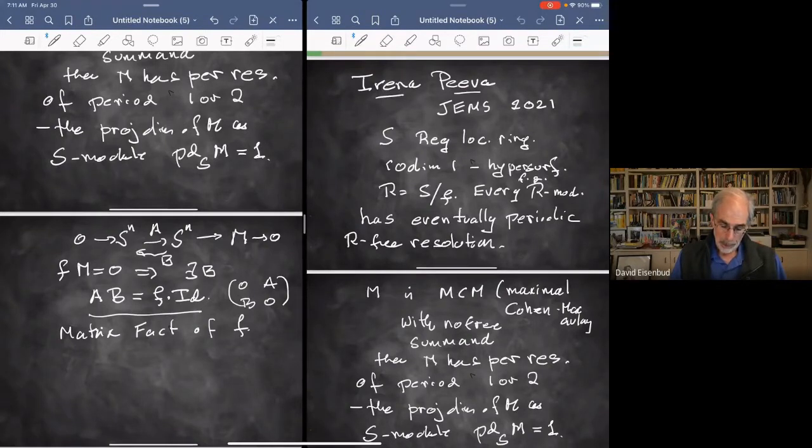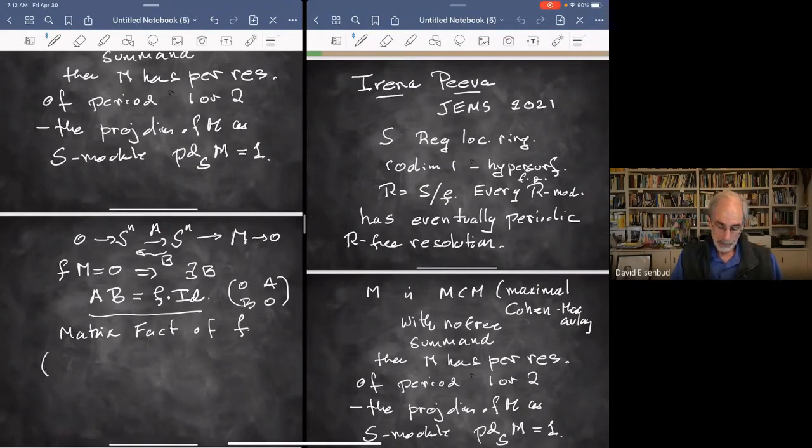So this works, of course, if F were non-singular, so that R would be a regular ring again, then the only matrix factorization could be the zero factorization, because you wouldn't be able to take the syzygy. The syzygy M would be zero itself, so there wouldn't be any matrix factorizations. But matrix factorizations and their presence somehow measure the singularity.